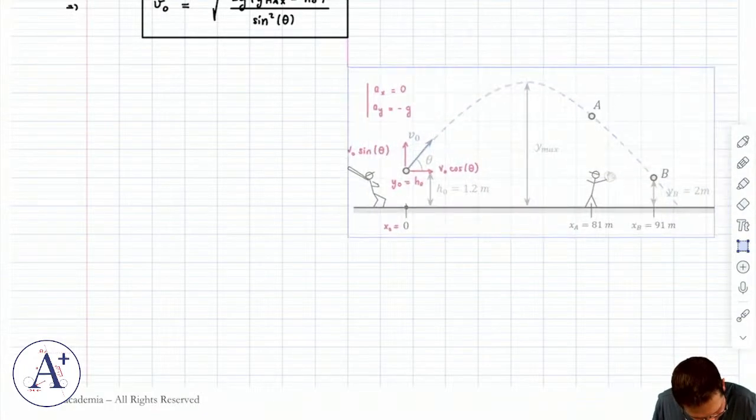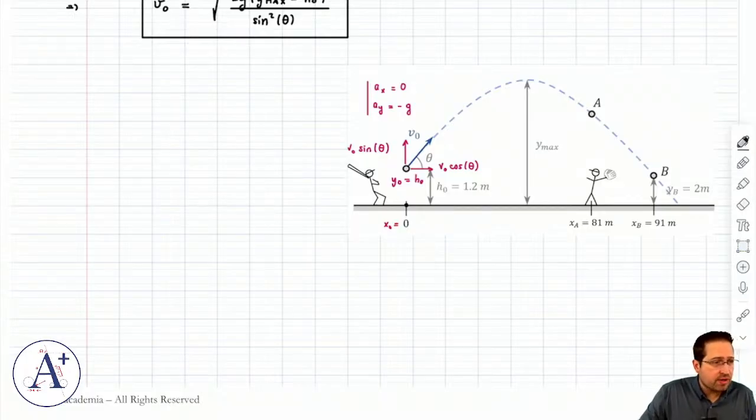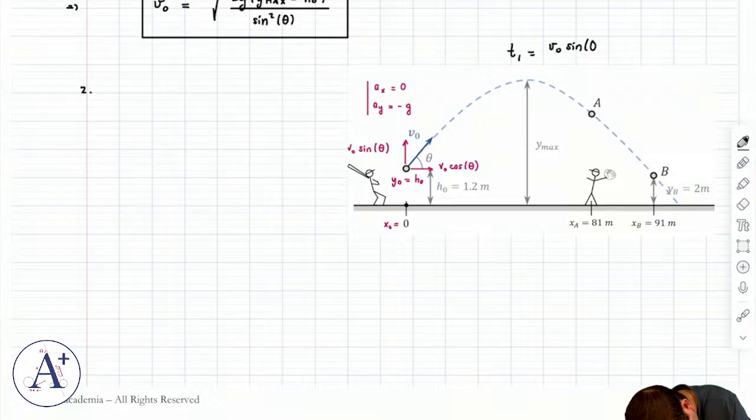And second question is, where along x does the ball reach its maximum height, y max? Well, now that's not too bad because we already know, because we did the work, that t1 is v0 sine theta divided by g.